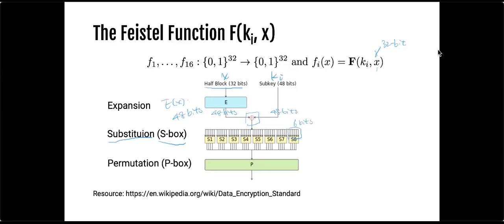So after this substitution operation, the input of this substitution has 48 bits, but then the output will be 8 boxes. Each box has 4 bits. You want to check over here. And that is equal up to 32 bits, right? And in this way, after this permutation, we will also get a 32 bits result.